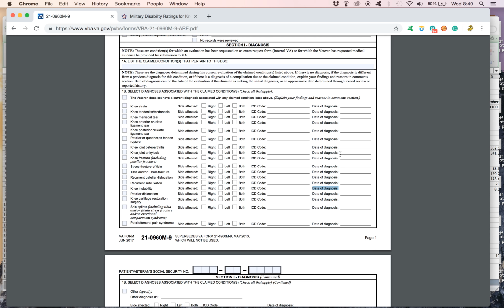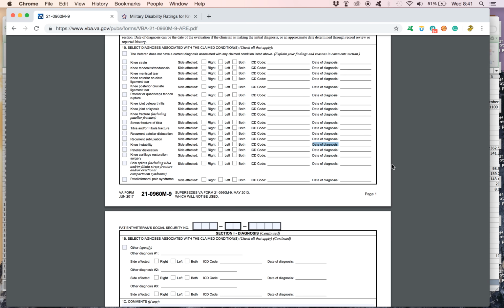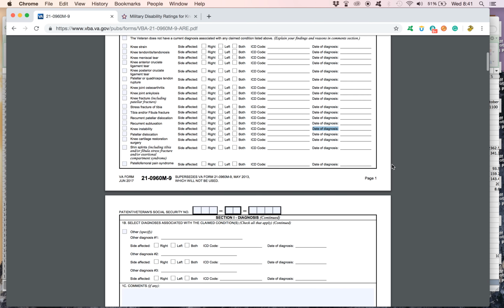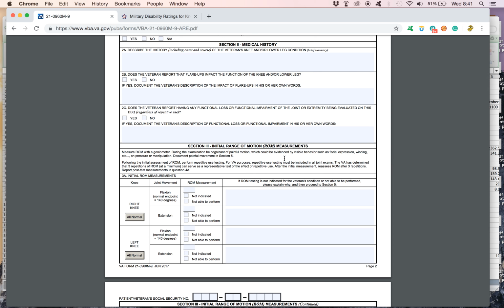I'm just going with knee instability right now because I know a few guys of mine that have this illness, these injuries to their knees. Then you would get a knee instability. They will fill this out, jot in the knee instability, fill out whatever information they have to, and then go to the range of motion.